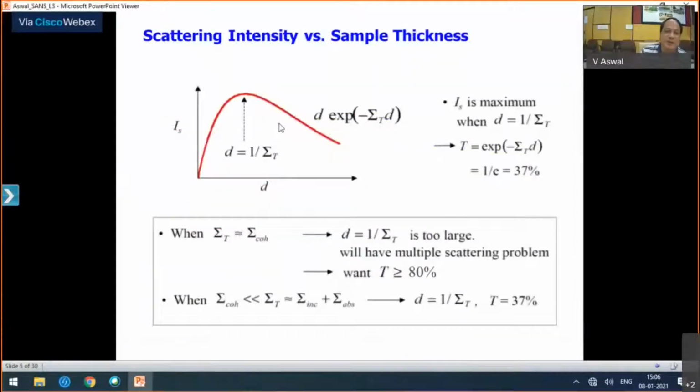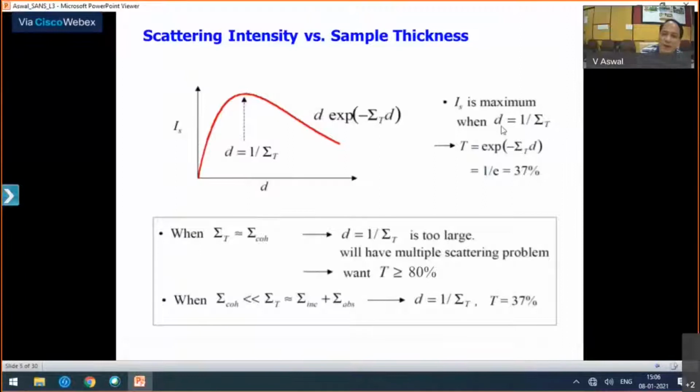So what does this mean? This means that if you want to plot scattering intensity as a function of the thickness of the sample, since you have two competing terms, d and this exponential term, this function will have a maximum. So where will this have a maximum? You can maximize this term, and what you get is that intensity is maximum at d equal to 1 upon sigma t.